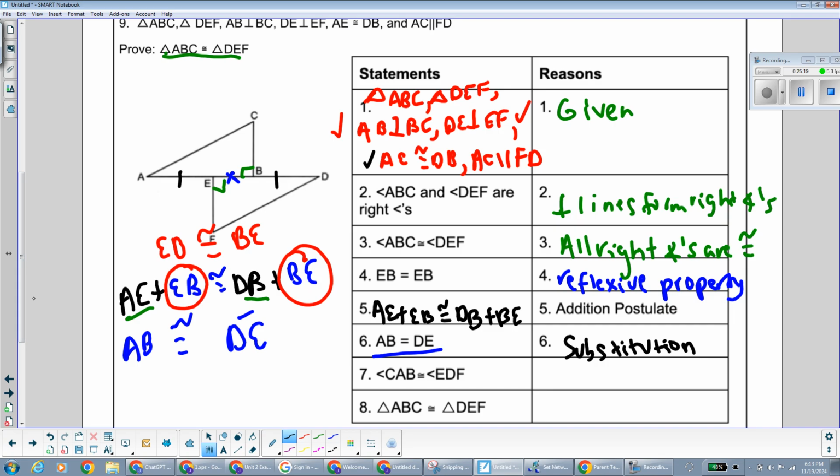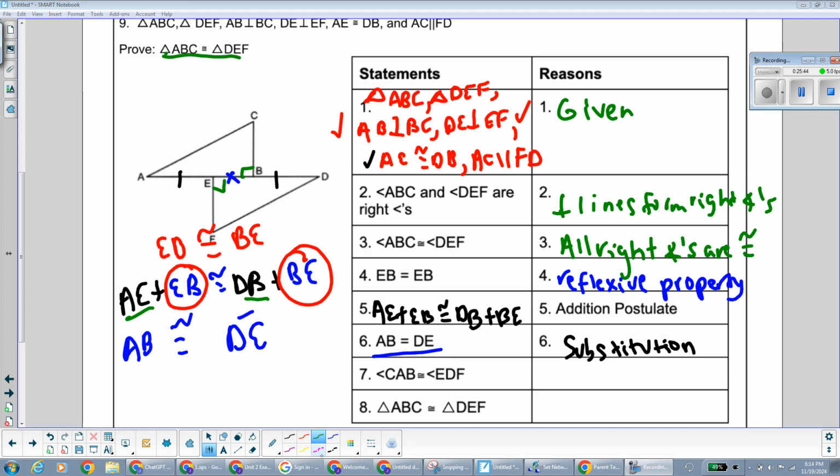Now I see that they're talking about two angles. So we're off of the addition. Let's talk about, first of all, the result of the addition. From the addition, we ended up with AB, which is a full side of this triangle, and DE, which is a full side of this triangle. So in the two triangles so far, we have this side on each of them, and we have the right angles on each of them as well.